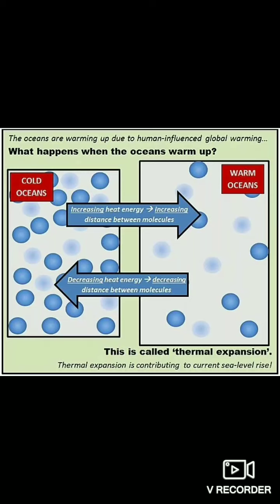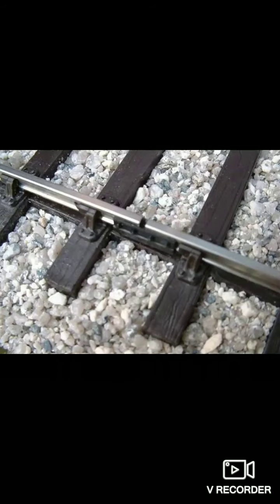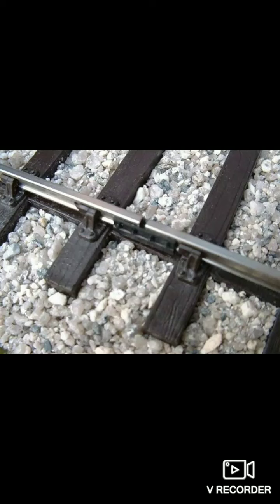Based on these properties, some applications we can also see around us, like small gaps in rail tracks, which are left between successive tracks to allow them to expand in summer when temperature rises.